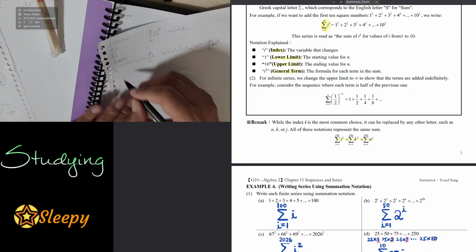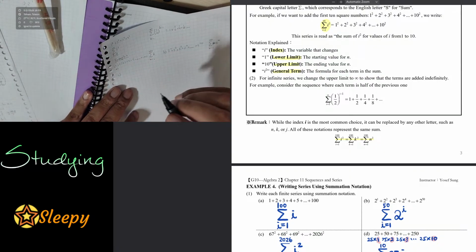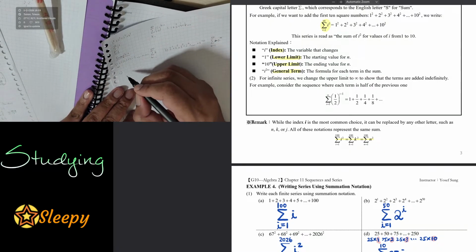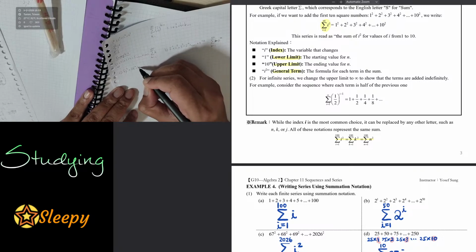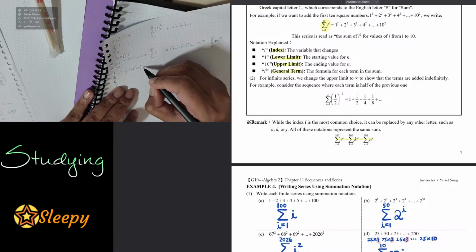Okay, this one is a little bit weird. So 67 to the power of 2, 68 to the power of 2, 69 to the power of 2, plus yada yada yada, plus 2026 to the power of 2.